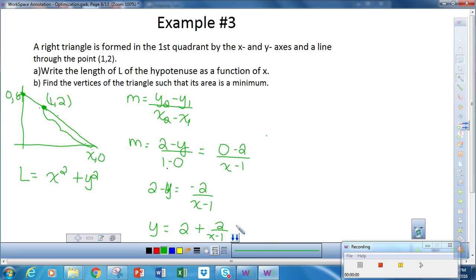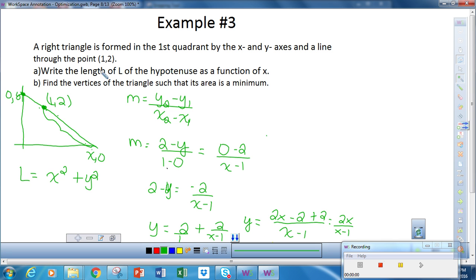So I can simplify that. Finding the least common denominator, I get 2x minus 2 plus 2 over x minus 1, or simply 2x over x minus 1. And that is my value for y.